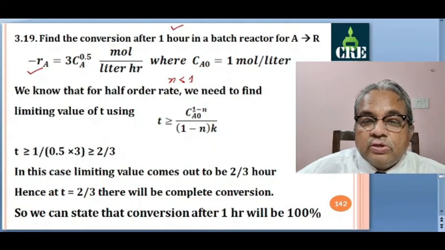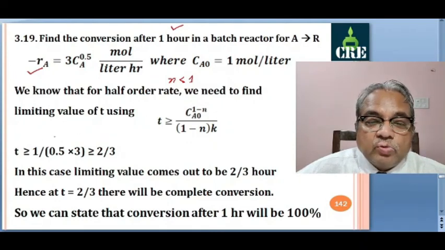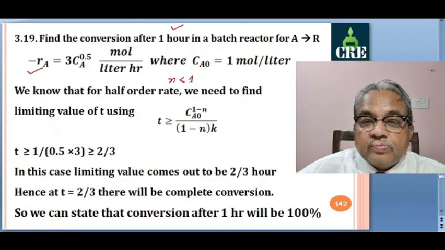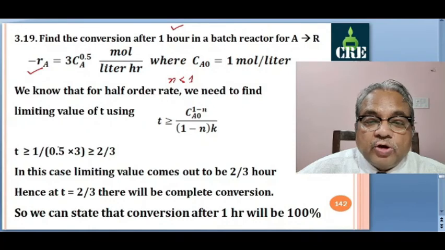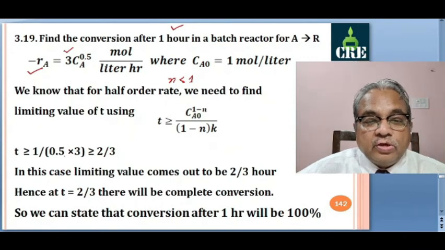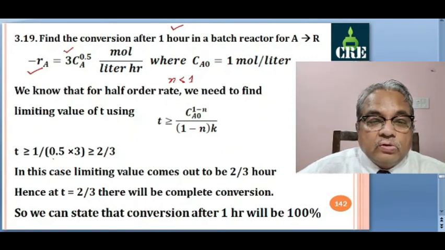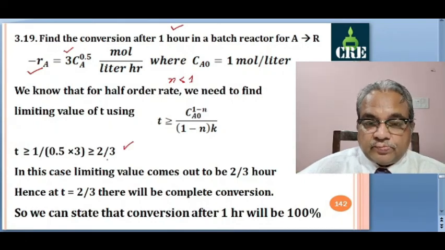So this we can find out. Ca0 is 1, so Ca0 raised to 1 minus N is 1. 1 minus N, N is 0.5, so 1 minus 0.5 is 0.5. K is 3, given directly. So 0.5 into 3. So what you get? 2 by 3.